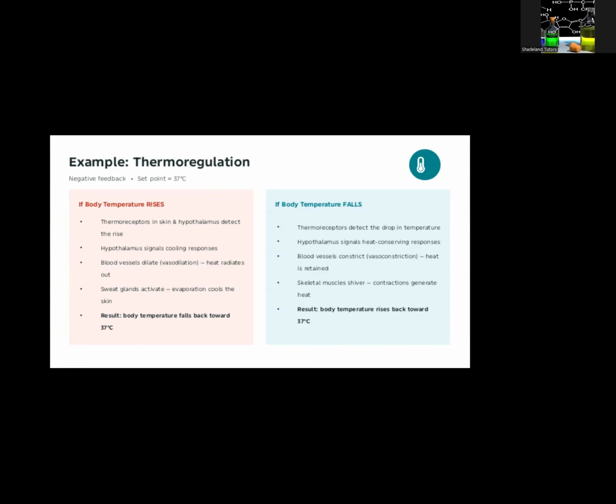Within the dermis we have hair follicles, sweat gland, sebaceous gland, and sensory nerve endings.